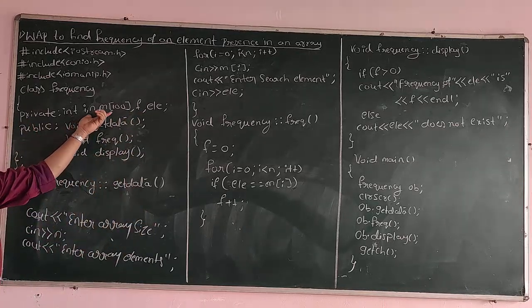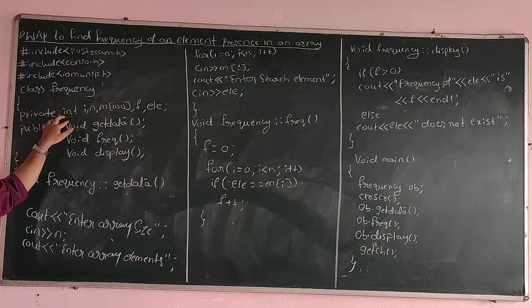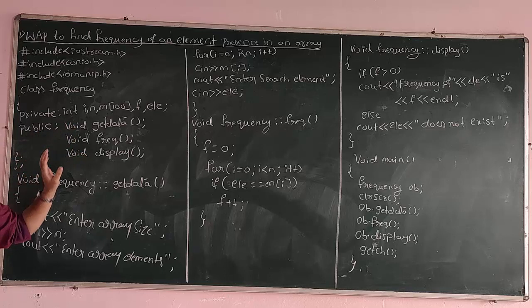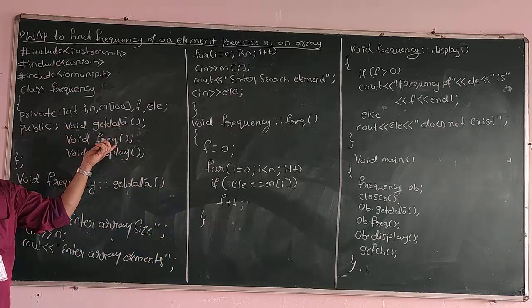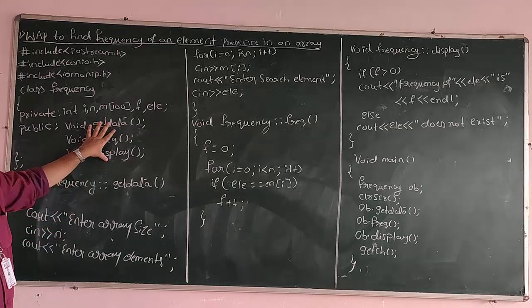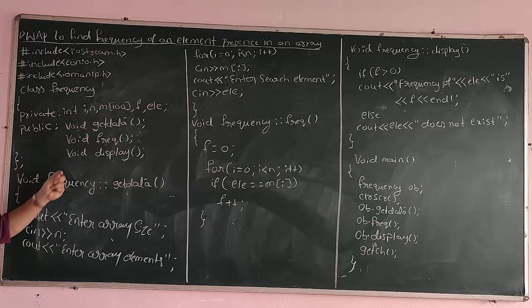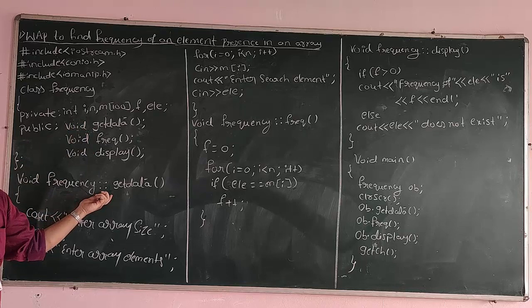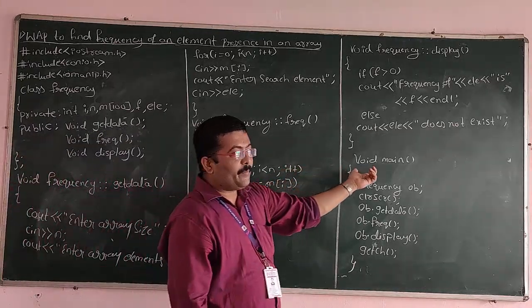These data members can be accessed only within the class, not outside the class. In the public section I am declaring the member functions: getData, frequency and display. These member functions are declared inside the class and can be defined outside the class using the scope resolution operator.